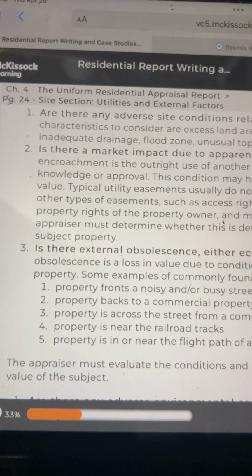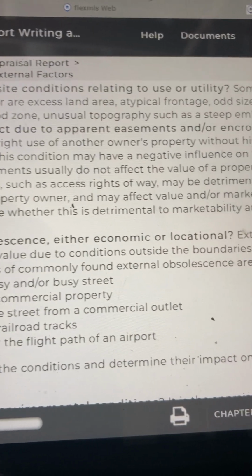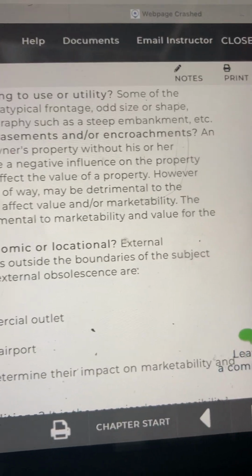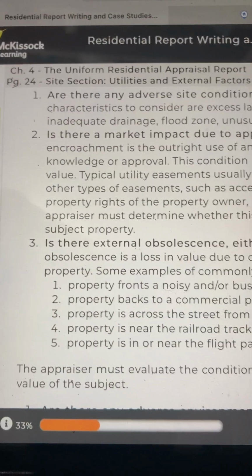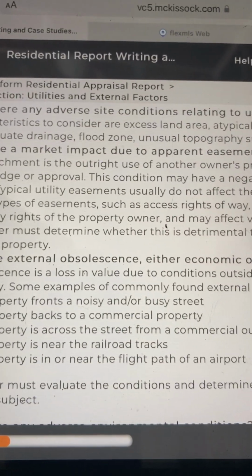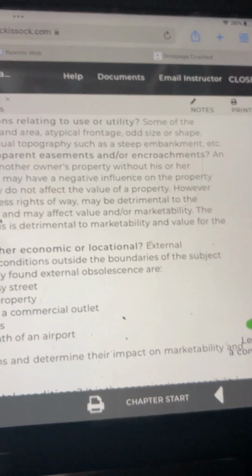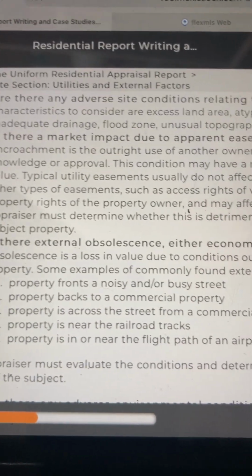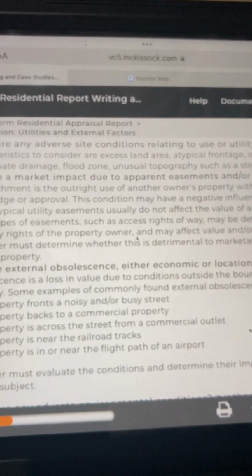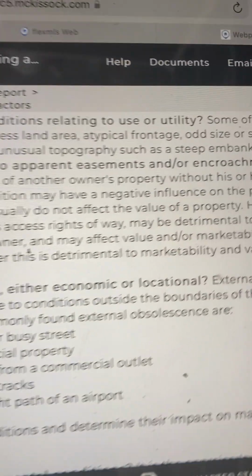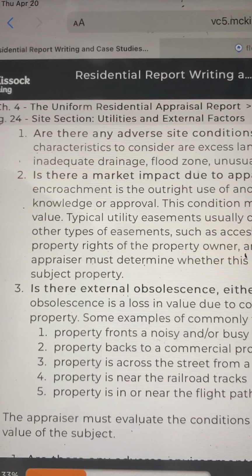Number two, is there a market impact due to apparent easements and/or encroachments? An encroachment is the outright use of another owner's property without his or her knowledge or approval. This condition may have a negative influence on the property value.